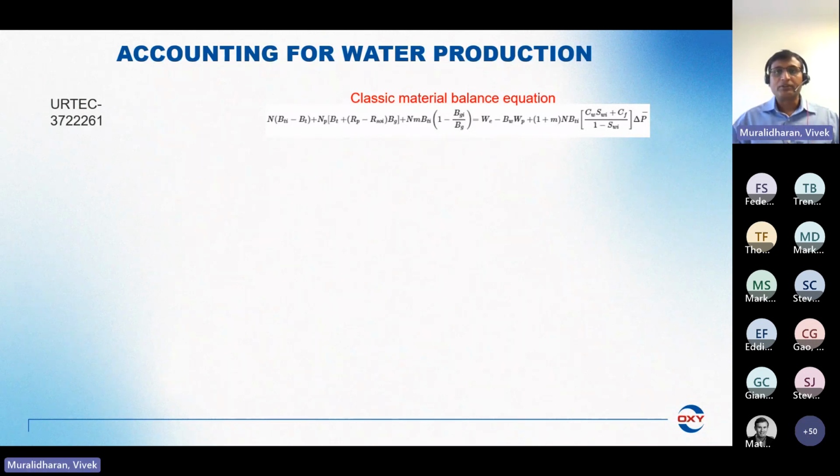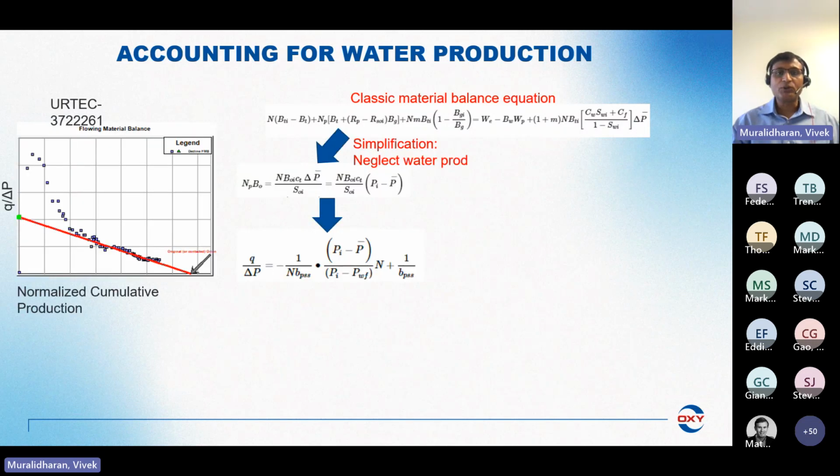In the earlier, conventional development, we weren't seeing that much water. You also have a lot of high pressure in this formation, so you don't typically see a gas cap. It's all solution gas-oil ratio. So if you neglect the gas and water production, you get to a very simplified single phase oil material balance. If you combine it with the Darcy equation and pseudo steady state, you get to a plottable form.